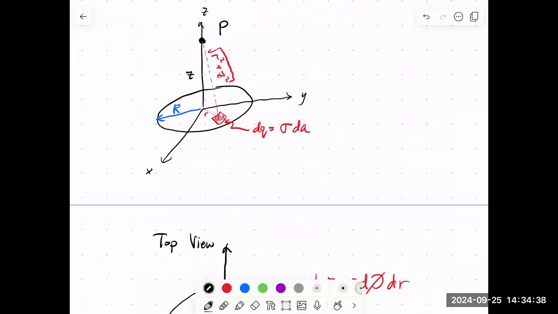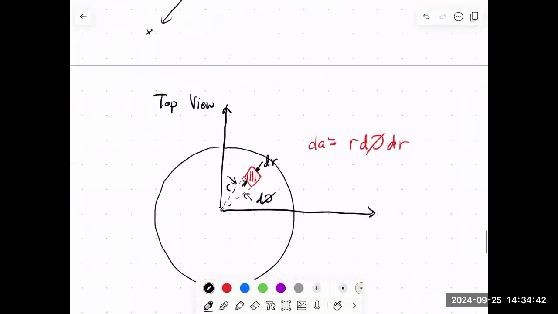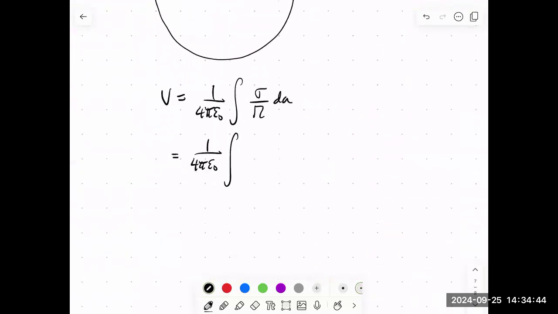It's the distance from the source to the point P. So it's the square root of r squared plus z squared. So it's the integral of 1 over the square root of r squared plus z squared. The dA we already wrote down was r d phi dr, and then we just had sigma.